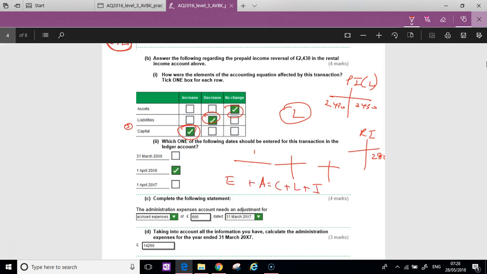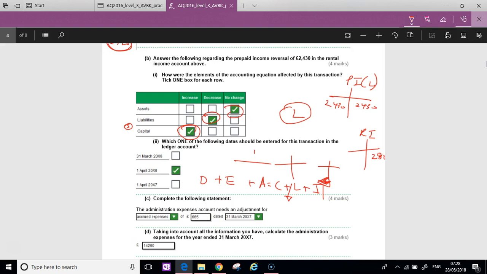They're talking about this here, D. When it comes out of L here, it says that you have received some money. So L goes down and the credit side of I goes up. Well, yes, if I goes up, ultimately we end up increasing capital because we have I minus E adding on to C.